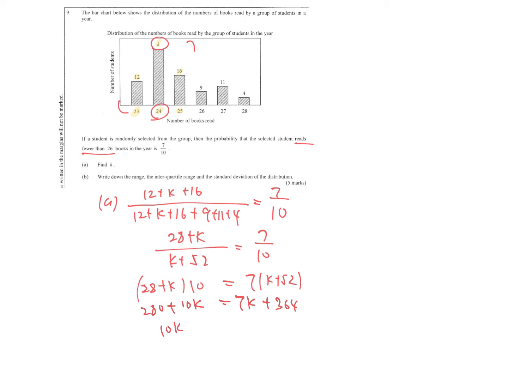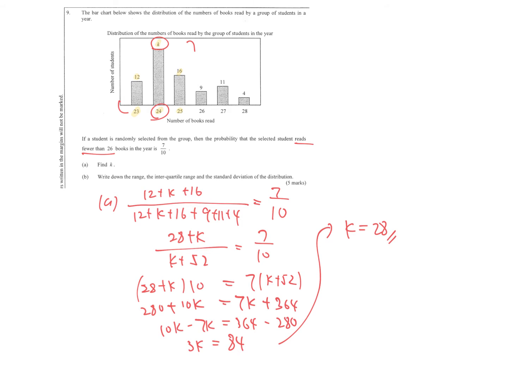So 10k minus 7k, 364 minus 280, so here becomes 3k equals 84. So final answer, k is equal to 28.